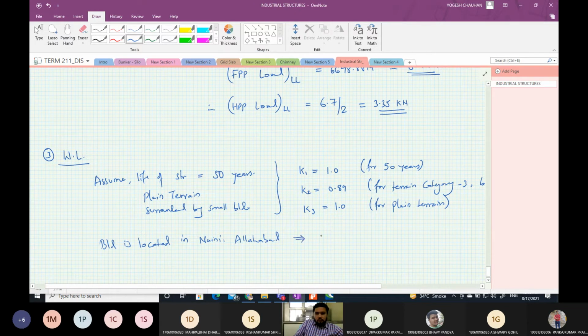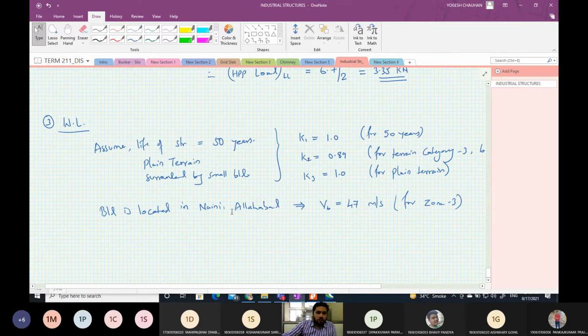So the basic wind speed there you can obtain from IS 875, that is 47 meter per second, for zone 3. This site in Naini, Allahabad is located in zone 3, so the basic wind speed is 47 meter per second.